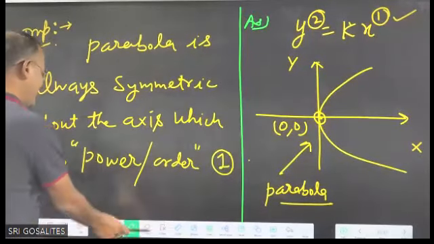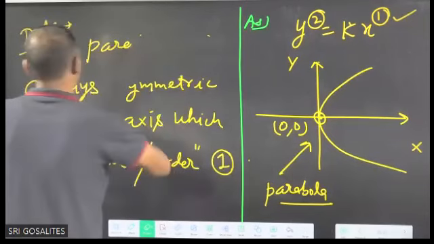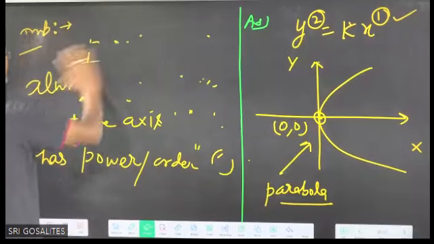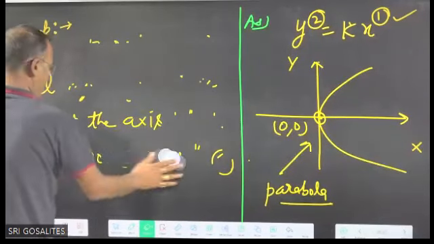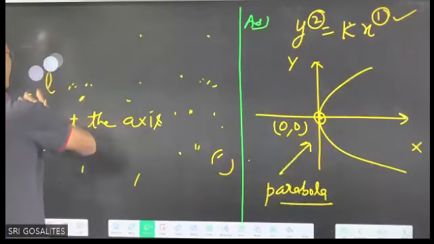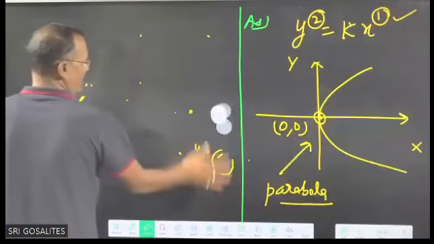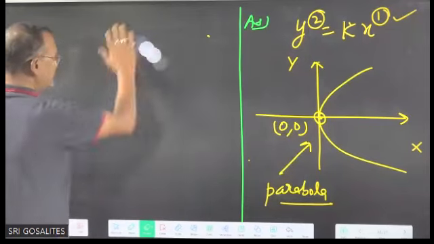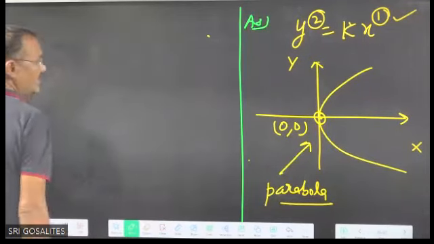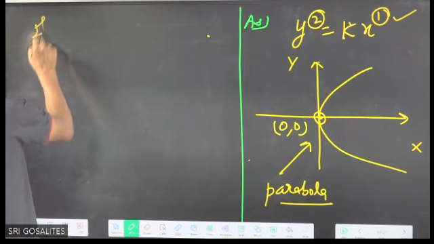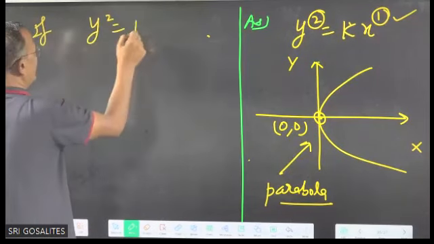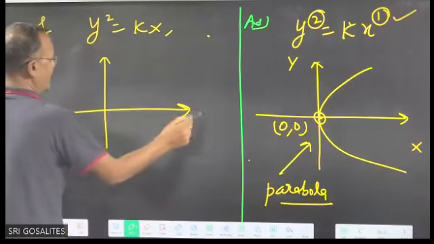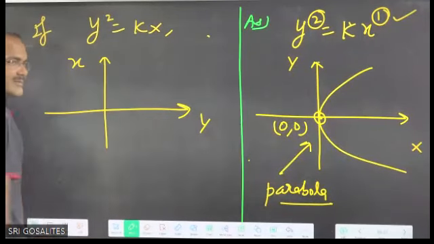So, ठीक है. So we will continue about the same graph of parabola. Now, the same question. If I reverse the axis, if suppose y square is kx, and I want, suppose here is the y and here is the x, reverse.